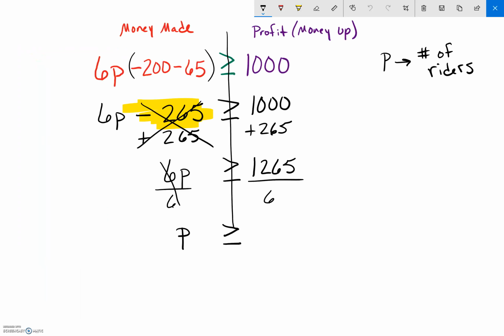If you plug it into the calculator, it comes out to 210 and 5/6, or in decimal form, 210.83 repeating. But we're talking about people here, so you can't have a decimal amount. It's got to be a whole amount. So do we need to round it up, or do we need to round it down? We would have to round it up, because with 210, he wouldn't have quite $1,000. So we can round that to P, or the number of riders, greater than or equal to 211.